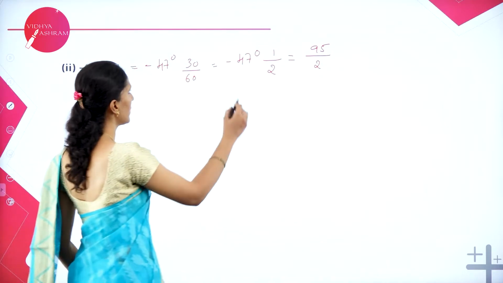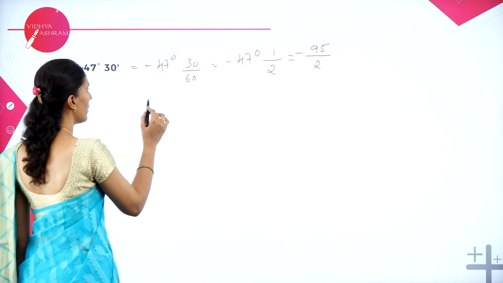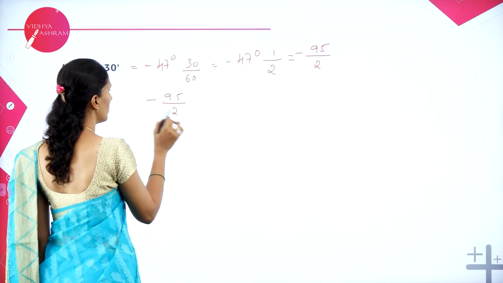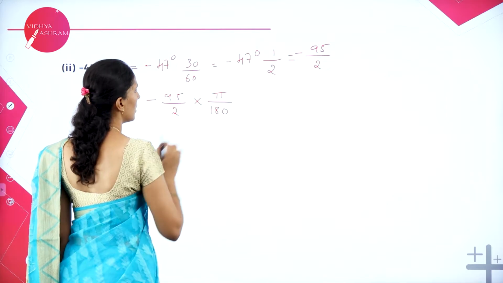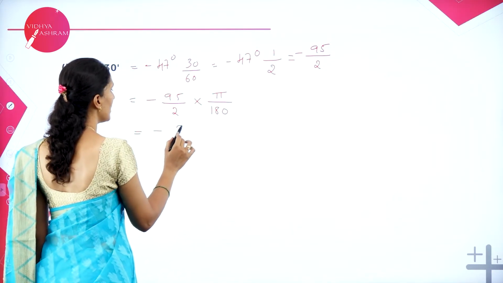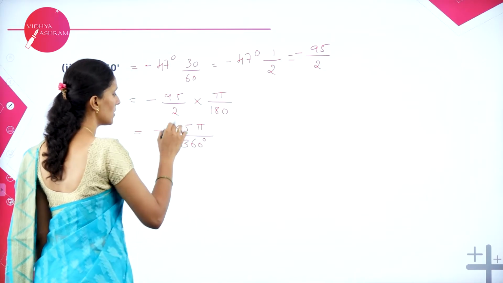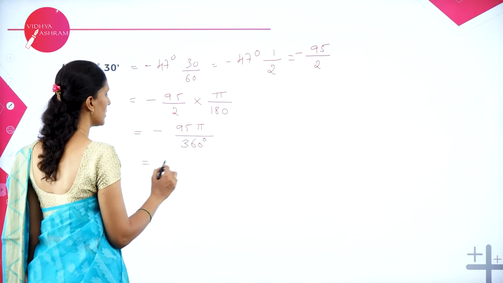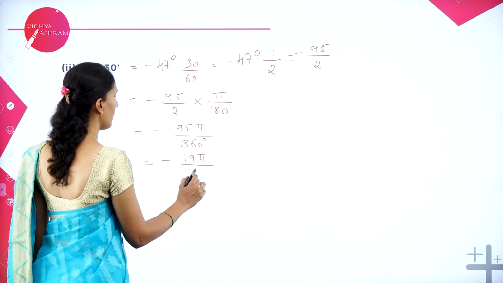But you have negative here. So minus 95 divided by 2 degrees. Now let us convert minus 95 by 2 into pi by 180. Again it is minus 95 pi divided by 360. So you can cancel. So it is minus 19 pi divided by 72.